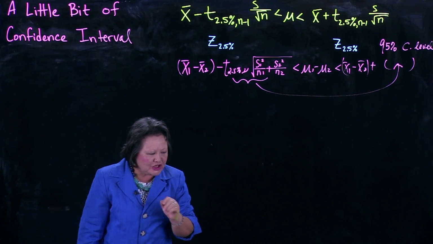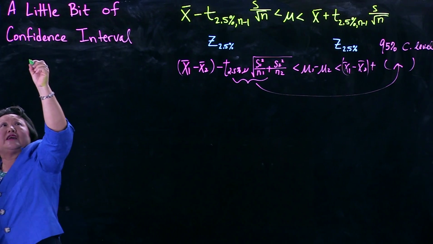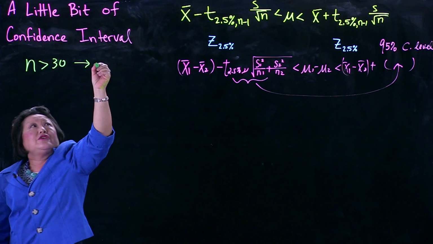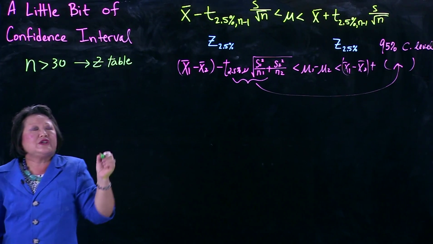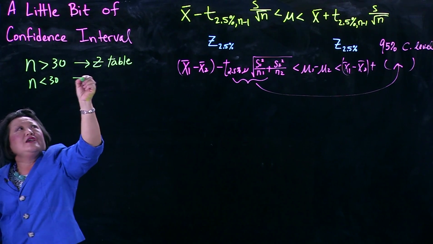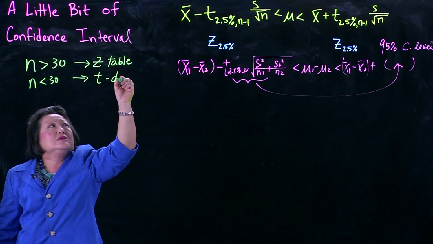Remember this magic number: happiness is finding the sample size is larger than 30. If n is larger than 30, you use the z-table, which is called the normal, or Gaussian, distribution table. If n is less than 30, you have to use the student t distribution table.